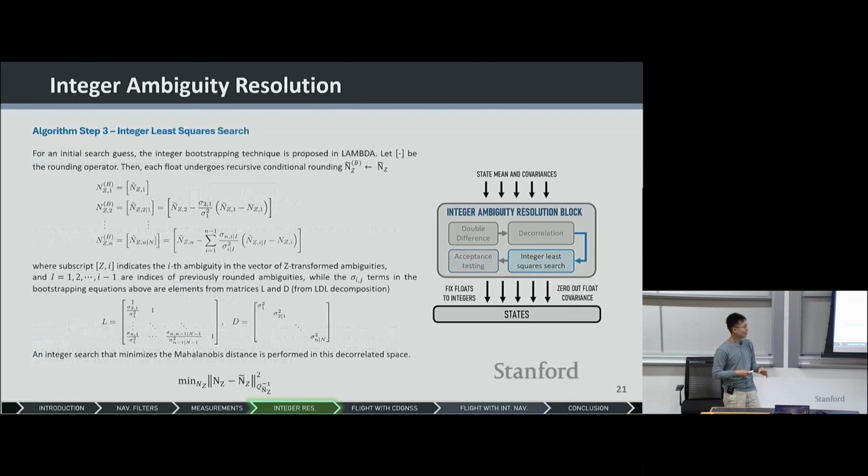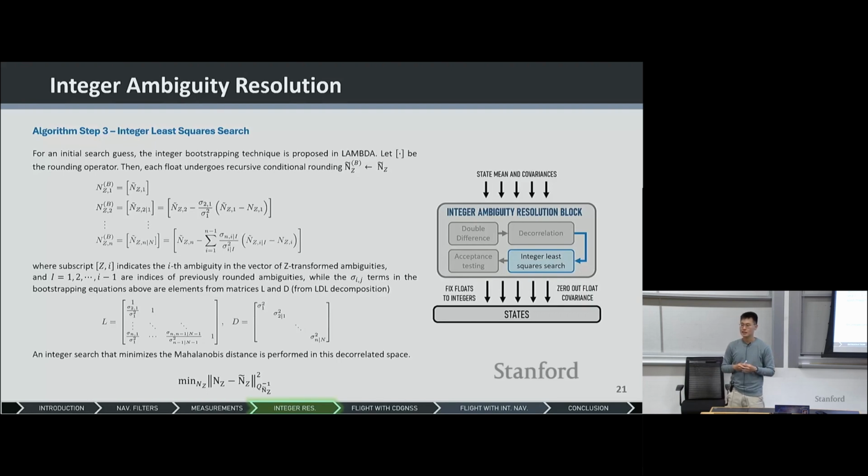I'll have a diagram to show exactly how we do this in the flight software. But once we are in this decorrelated search space, we do a discrete step around and search for integers. So no gradient descent, no continuous methods. This is just discrete searching within a search space that you have already decorrelated and made easy to search without running into dead ends.